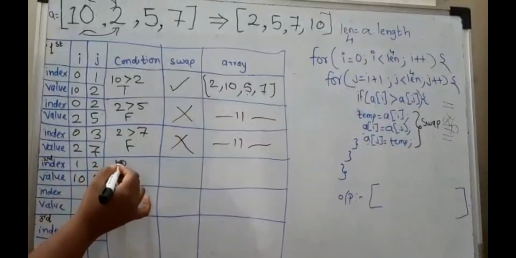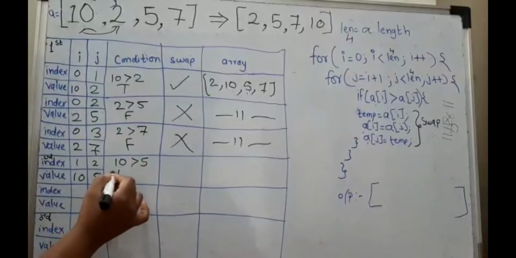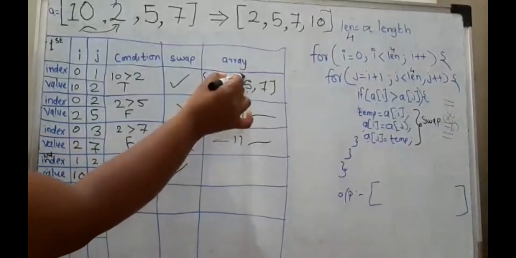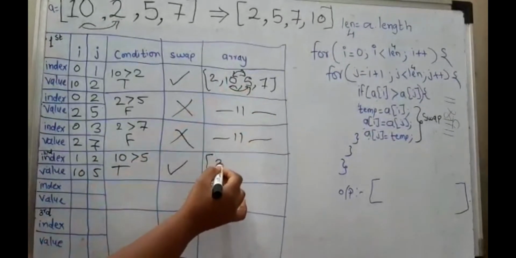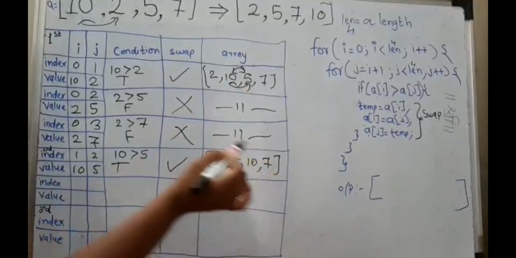We check the condition, that is, 10 is greater than 5. Yes, our condition is true and we have to do swapping here. So now we swap these values with each other. So our array became 2, 5, 10 and 7.